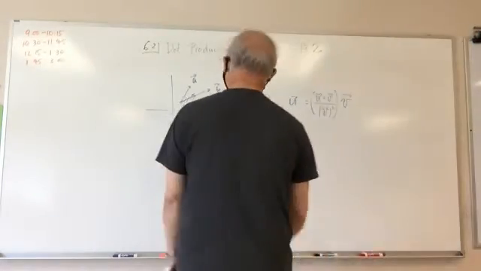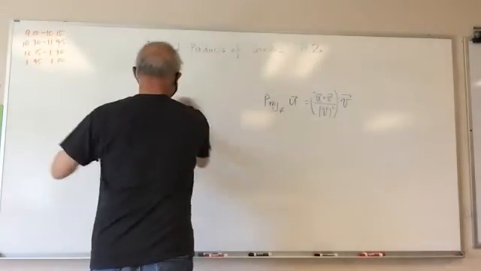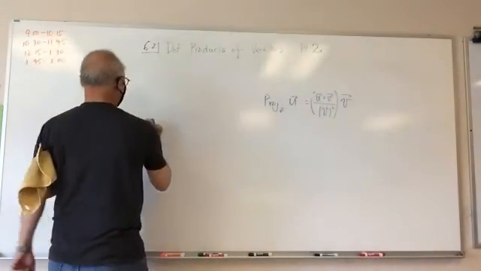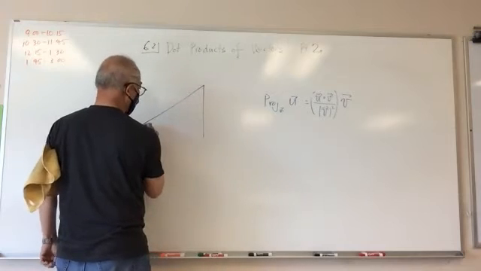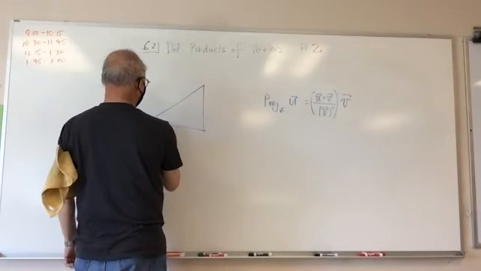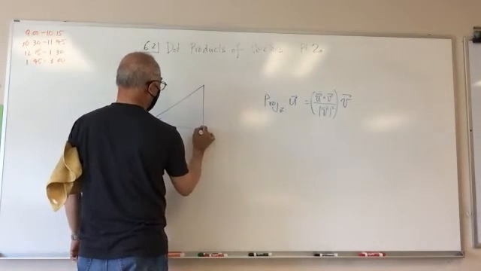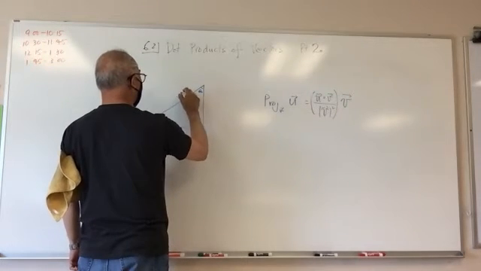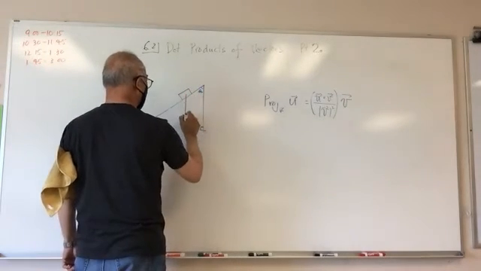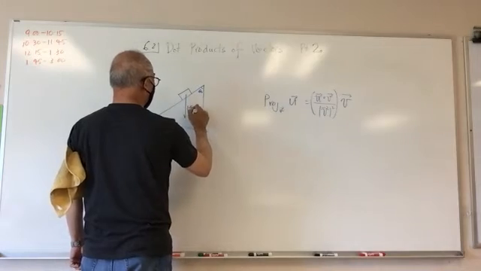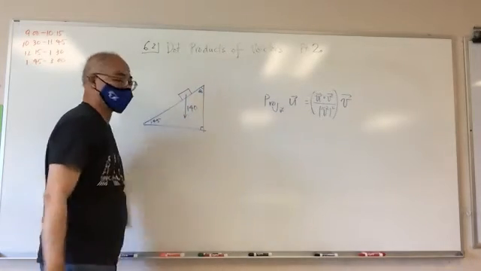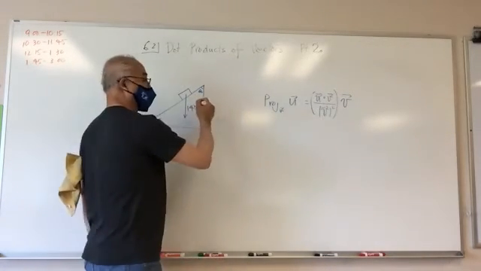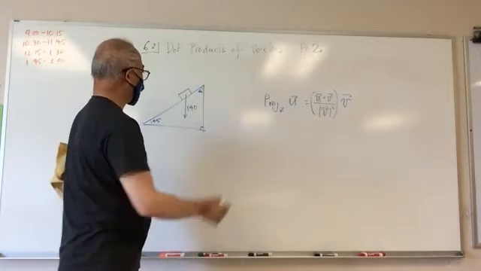Okay, so you have a hill where this is 45, this is 45, and on that hill you have a guy here, and the combined weight is 140 pounds.